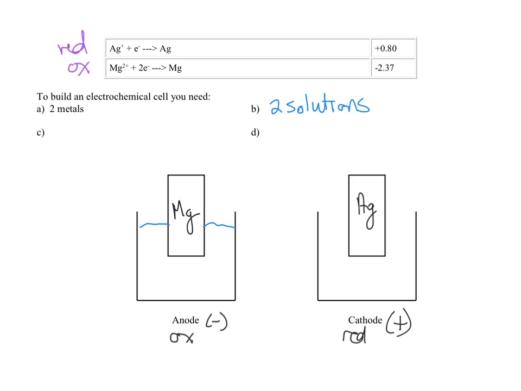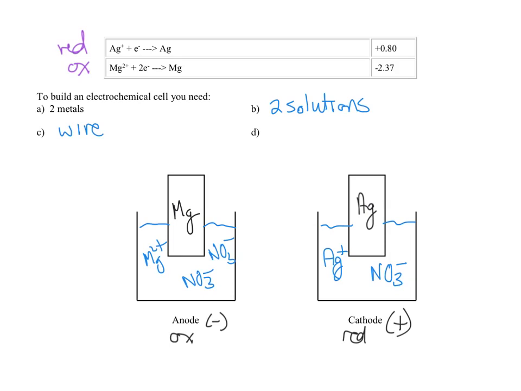Magnesium nitrate would have Mg2+ and NO3- floating in the solution. Same thing for the cathode. So you have a piece of silver, so you put that in silver nitrate, which has silver ions and nitrate ions.